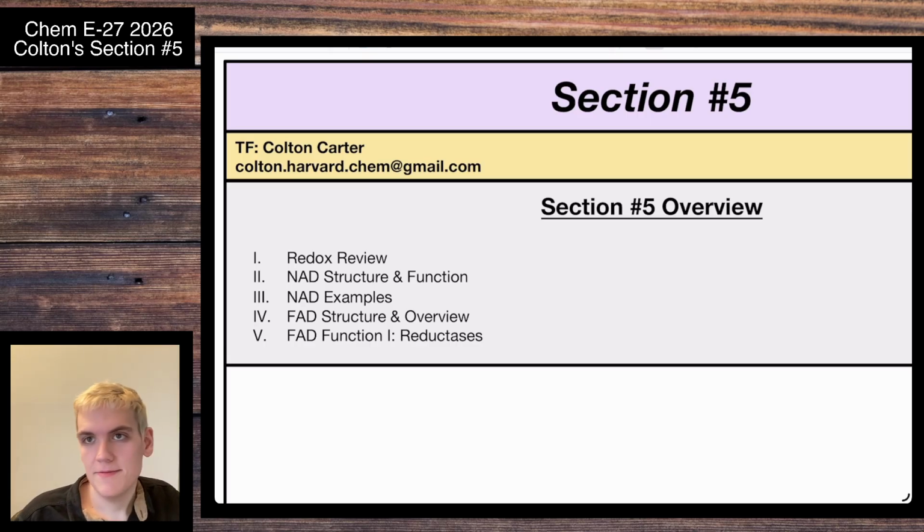So all the NAD reactions, to be explicit, are stereospecific. We are never going to get a mixture where it has a preference for one over the other. It's always just going to be exactly one product.